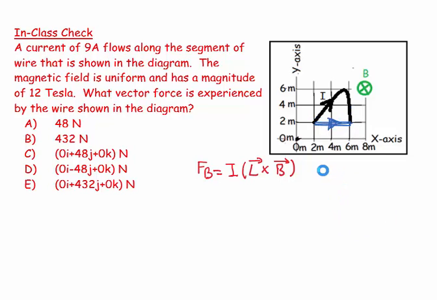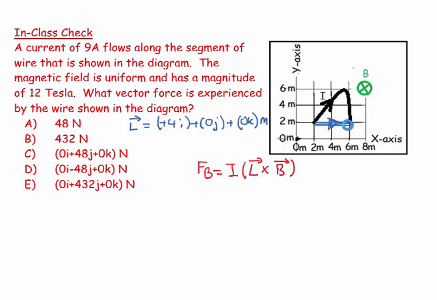So I can say my vector L is equal to, and I look at my diagram, 6 minus 2, which is plus 4i. And then I say there's no y-axis displacement, plus 0j, and there's no z-axis displacement, 0k meters.